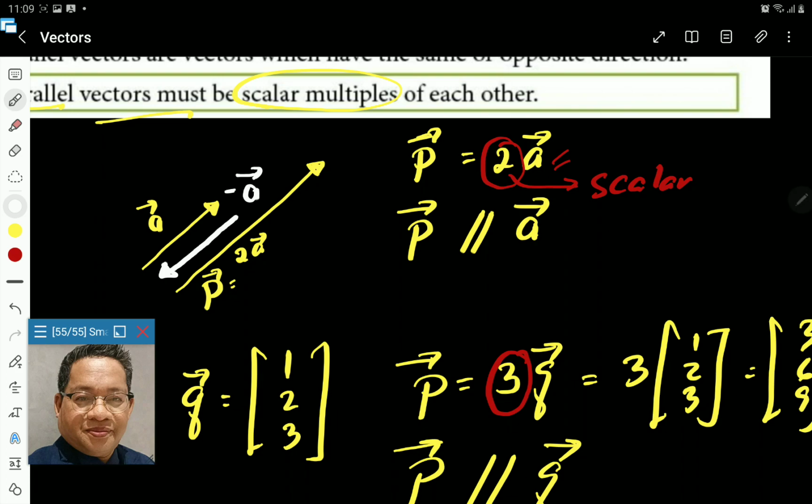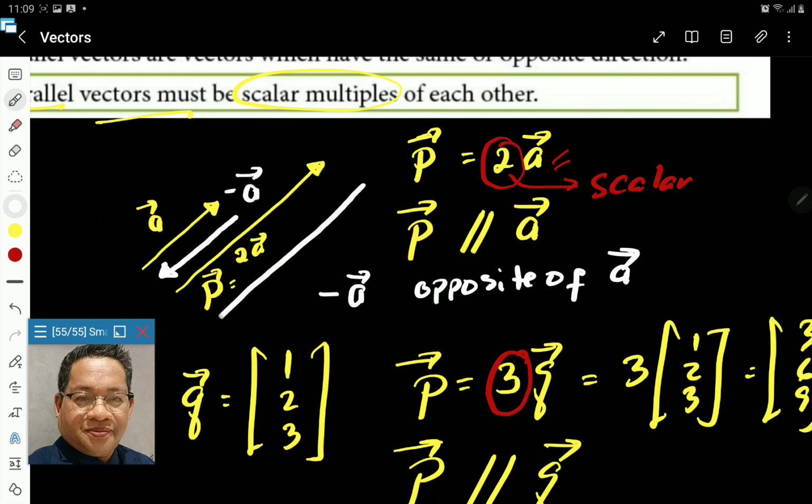Okay, so again, negative A is the opposite of vector A. All right. For example, you have negative 2A. So negative 2 is a scalar number.